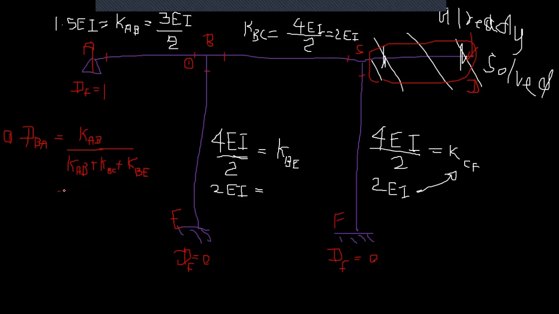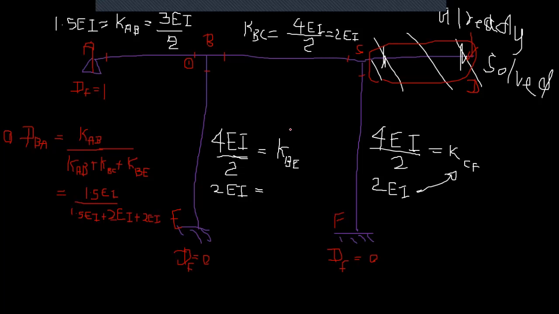So that's going to be 1.5 EI over 1.5 EI plus 2 EI plus 2 EI.